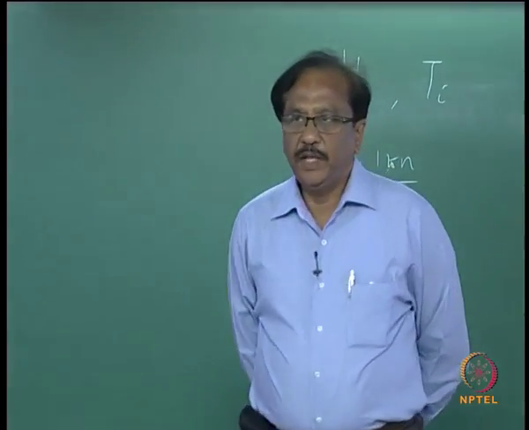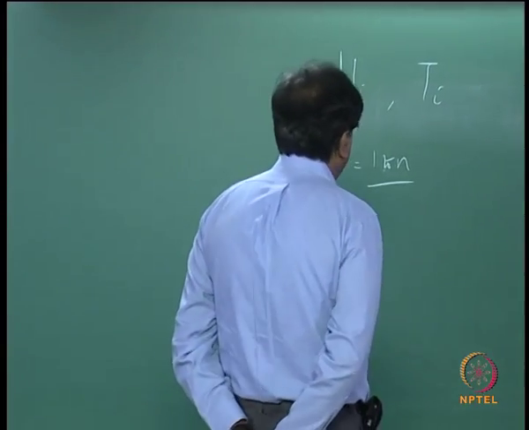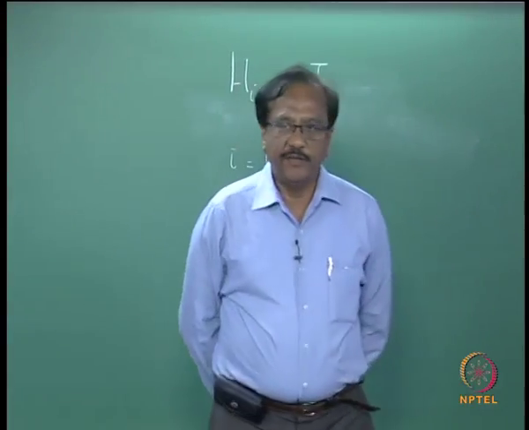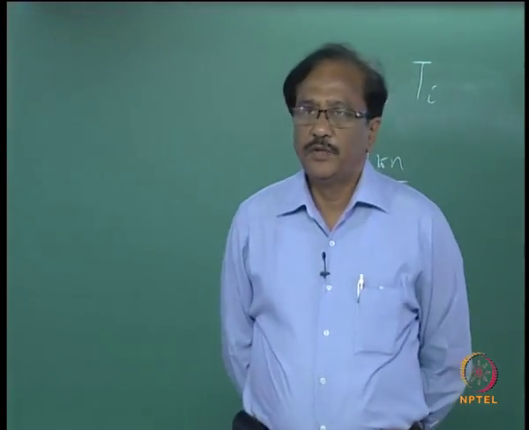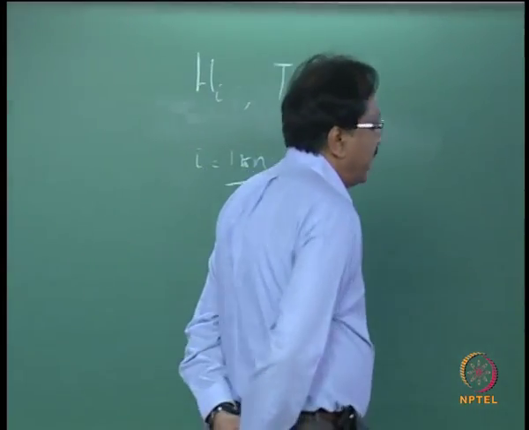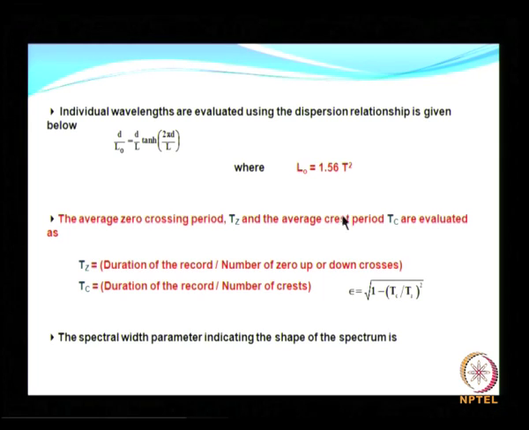So, having obtained the individual wave heights and periods, we can look at other characteristics like wavelength, etc. Wavelength, as you know, you use the dispersion relationship as we have indicated here, through which you can arrive at the wavelength of individual waves.